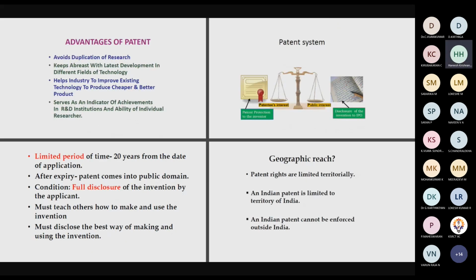For example, you are a researcher finding some new ideas, and you need to implement this idea in some industries or new places. New places means, I am working in Trichy, but my idea needs to be used abroad, somewhere in Canada.